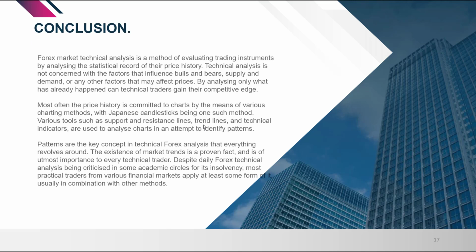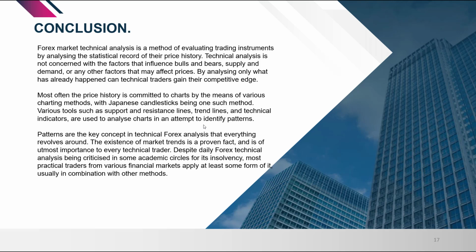So to conclude this section, Forex market technical analysis is a method of evaluating trading instruments by analyzing the statistical record of their price history. Technical analysis is not concerned with the factors that influence bulls and bears, supply and demand, or any other factors that may affect price. By analyzing only what has already happened, can technical traders gain their competitive edge?